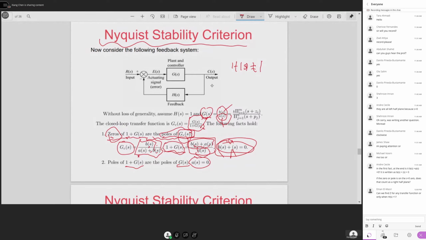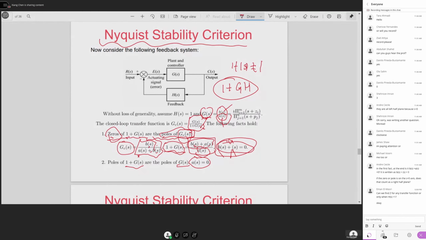Then your closed loop system's denominator is 1 plus GH. Is that right? So your evaluation is going to be on the 1 plus GH. What's the big deal? You're just counting one more transfer function, right? Okay, so it's not a big deal. You know how to evaluate 1 plus G of S. When H is not equal to 1, you just evaluate 1 plus GH. Everything is gonna stay the same.